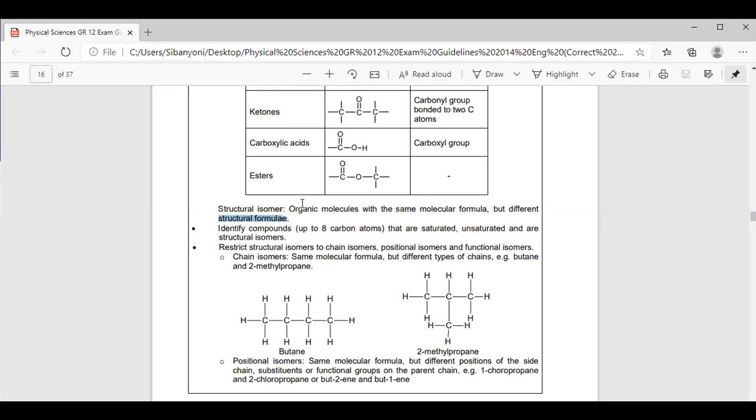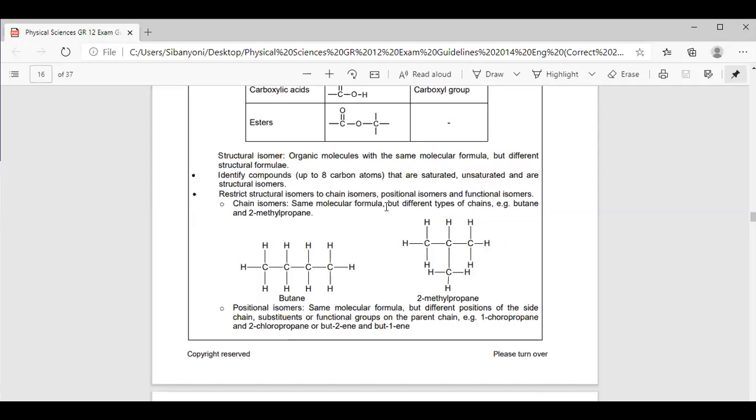Remember, you need to know these definitions as they are in the examination guidelines. If you take this for granted and don't revise them, I have seen in many instances a learner say, structural isomers are organic molecules with the same structural formula, but different molecular formula. That is completely wrong. So know your definitions thoroughly.